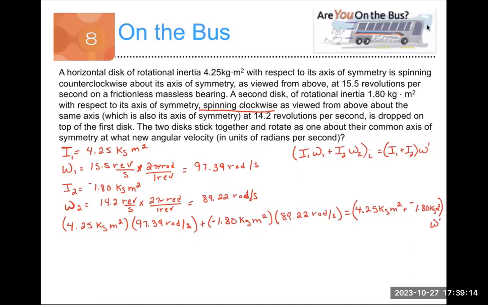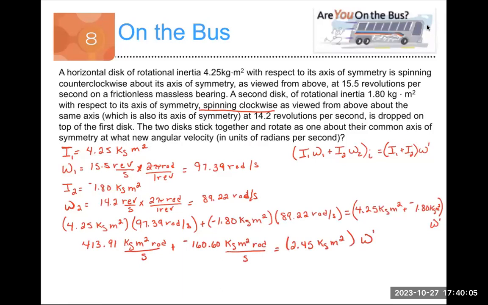Okay, so simplifying these, we get 413.91 kilograms meters squared radians per second, plus we have a negative 160.60 kilograms meters squared radians per second, and that equals 2.45 kilograms meters squared times omega prime.